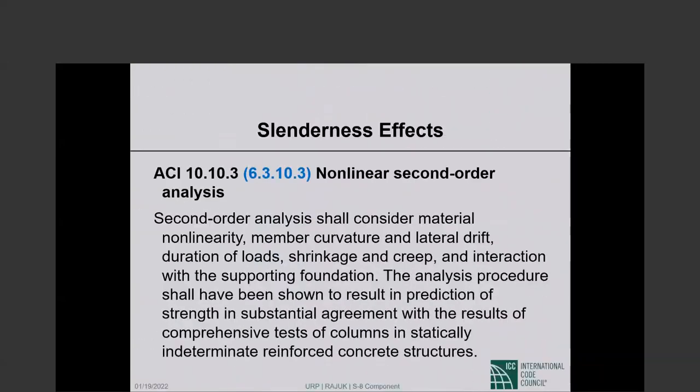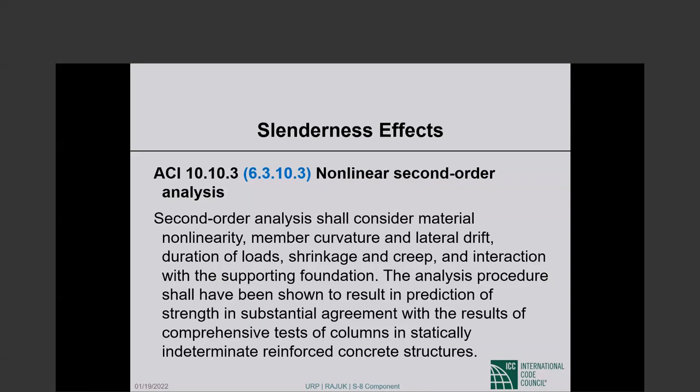Okay, so there are three ways of doing it. Remember 10.10.3, 10.10.4, 10.10.5. 10.10.3, this section is nonlinear second order analysis. Second order analysis shall consider material nonlinearity, member curvature and lateral drift, duration of loads, shrinkage and creep, and interaction with supporting foundations.